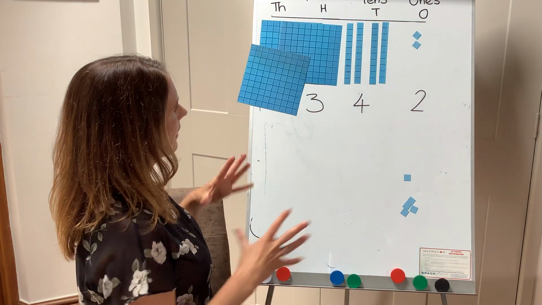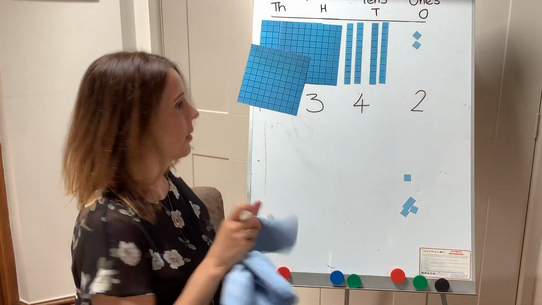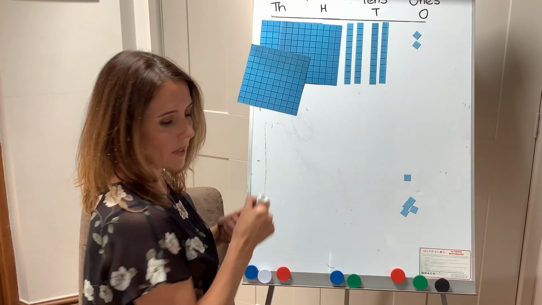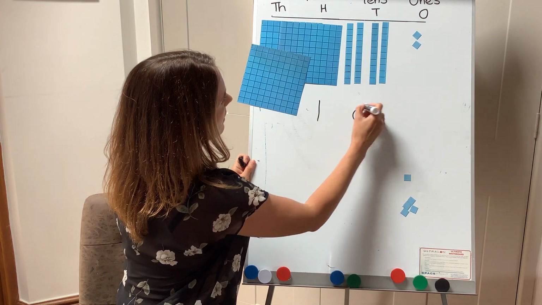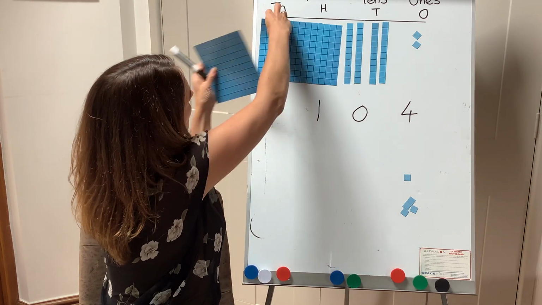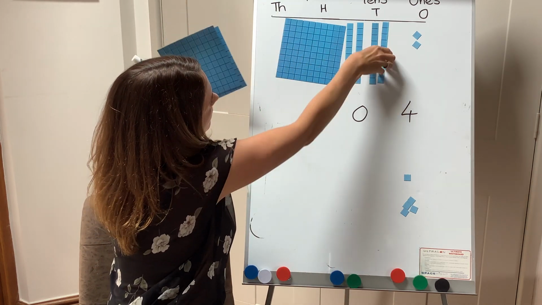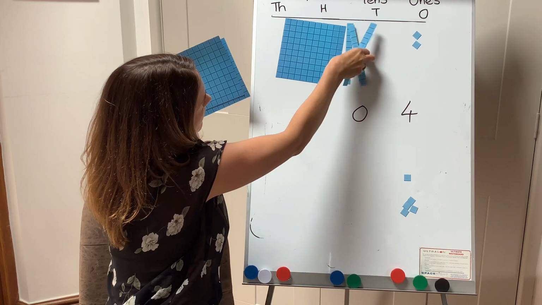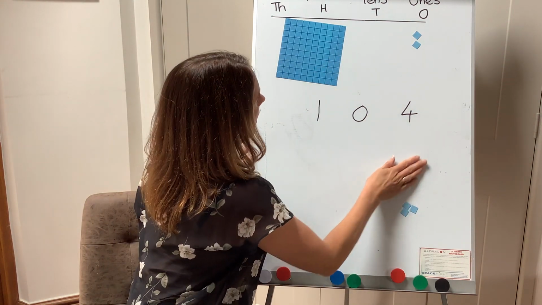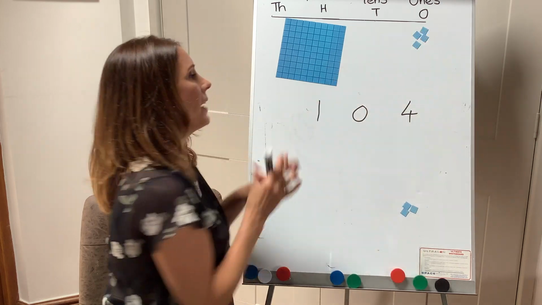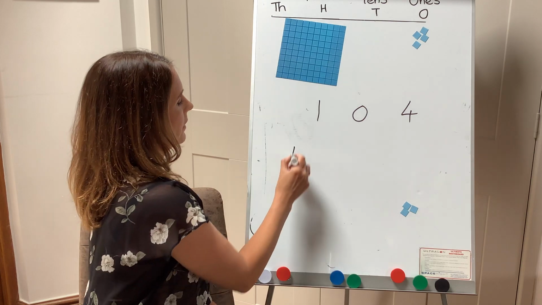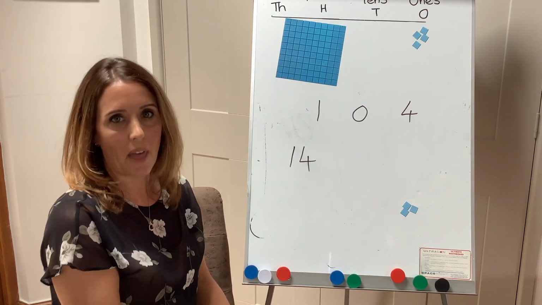One thing to be careful of and to remember is the importance of 0. If we have the number 104, and we forget we've got 0 in the tens column, we will end up writing the number 104 like that.